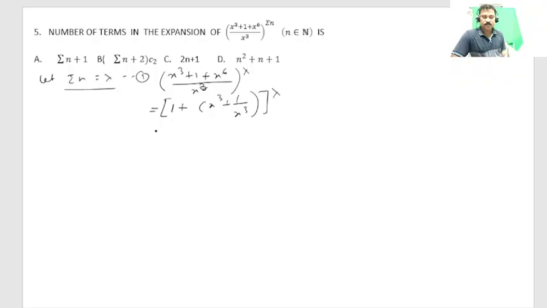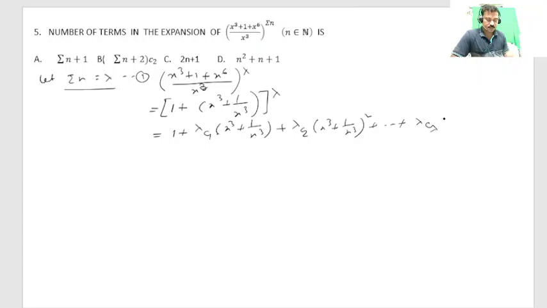Okay, we may write this as 1 plus lambda c1 x cube plus 1 by x cube plus lambda c2 x cube plus 1 by x cube whole square, and so on to lambda c lambda x cube plus 1 by x cube whole to the power lambda.